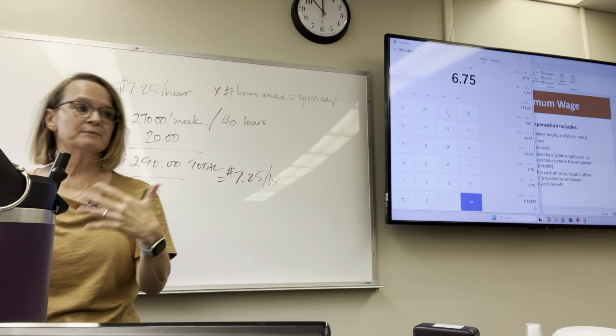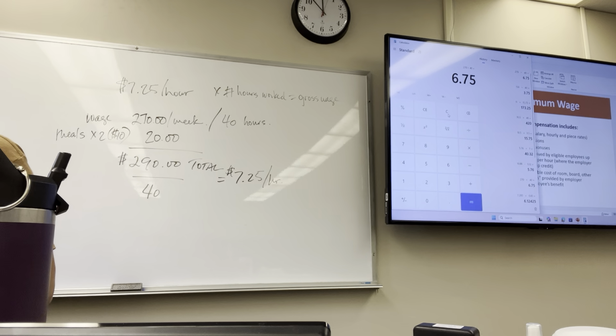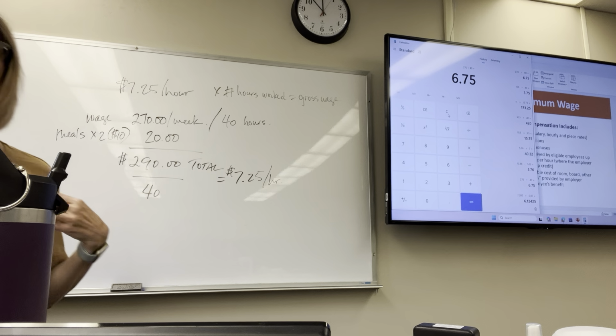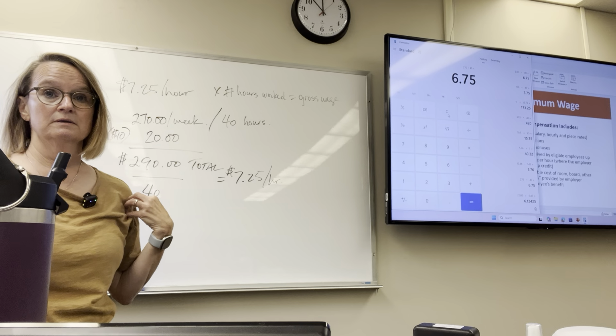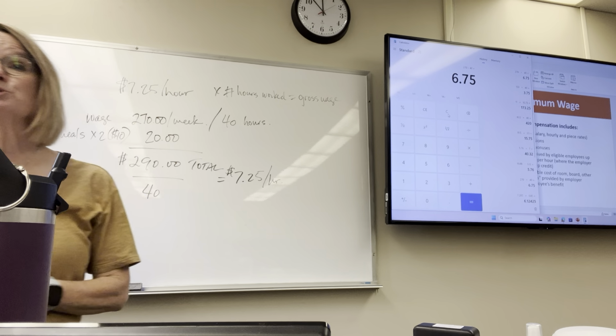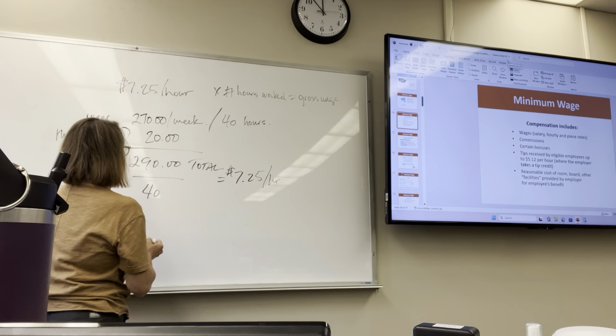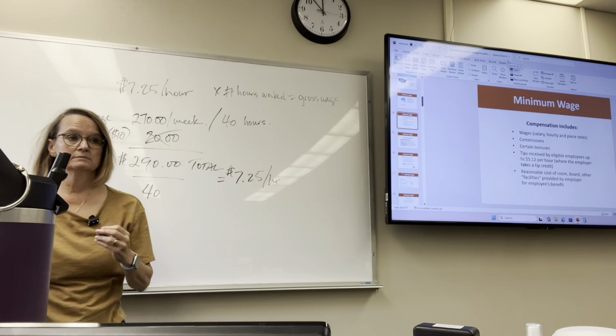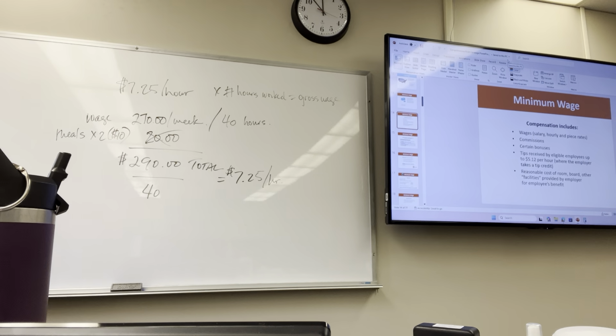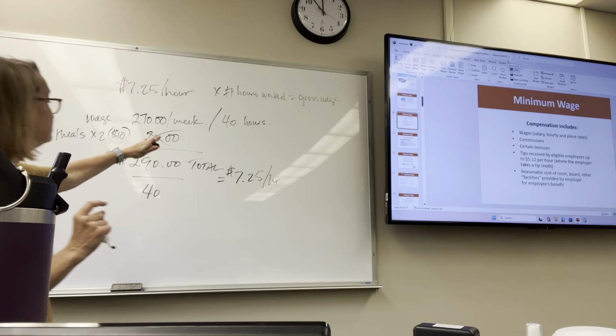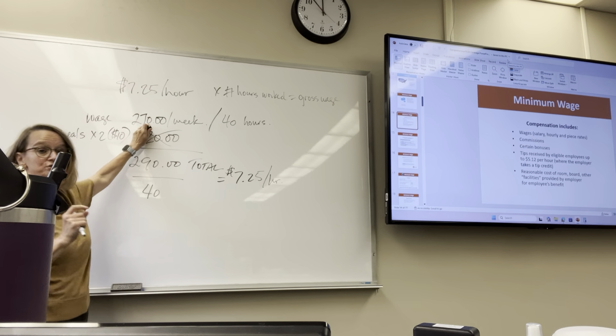So instead of paying them in money, they paid them in meals, as long as it was for the employee's benefit. Okay? If it was for the employer's benefit, then they cannot include that cost in the calculation of minimum wage. In that case, this employee could not be paid $270.